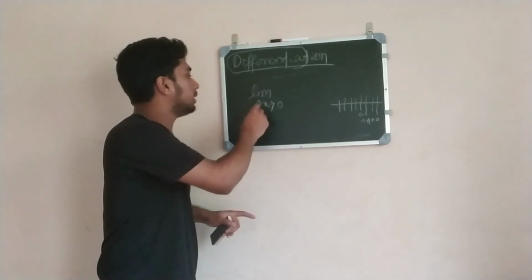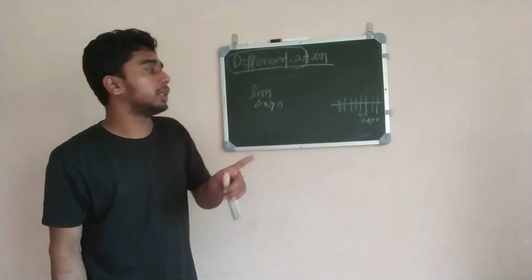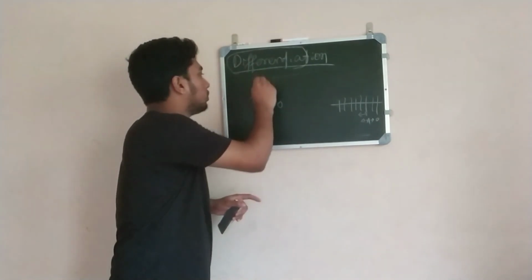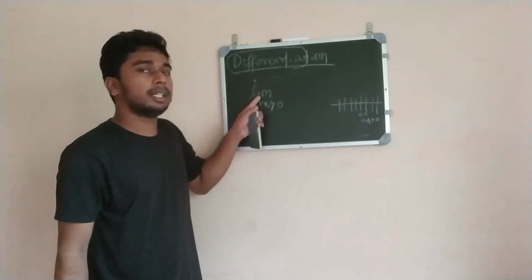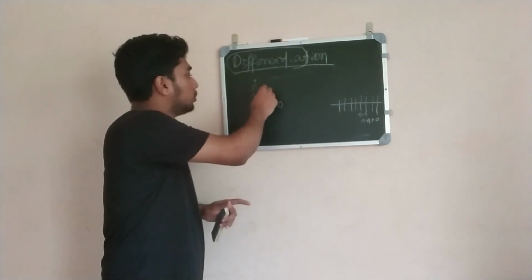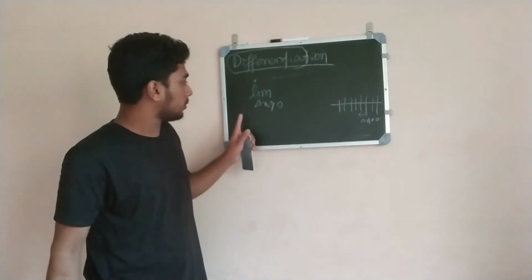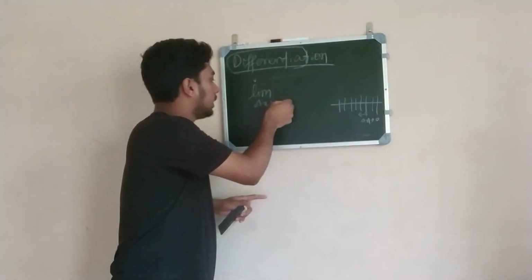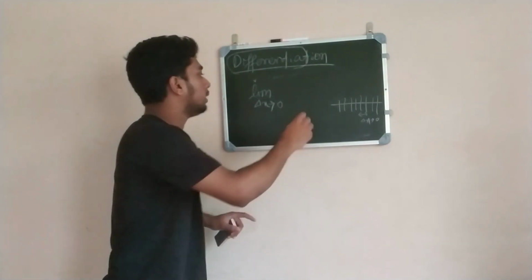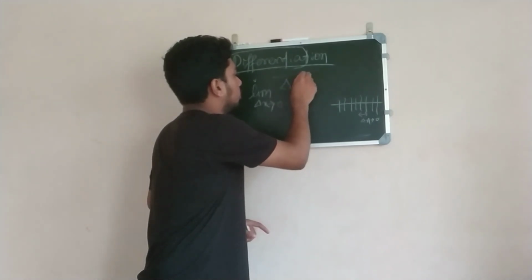So that is how I have written here. Previously, I discussed how to find the limit. What does limit mean? You already know. So I am writing del x tends to 0. Then there will be a small change.